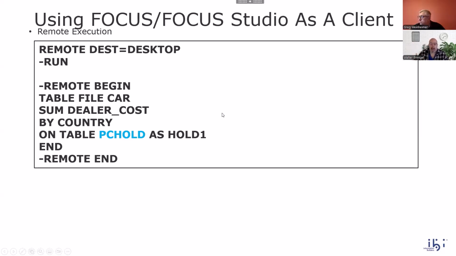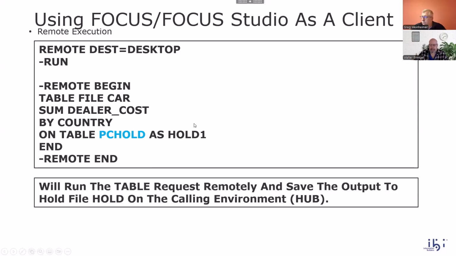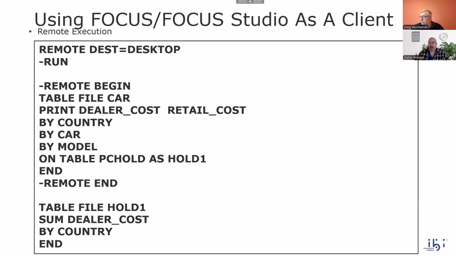Well, if you're doing remote processing, the PC hold will also take the data and transfer it to the receiving, the calling client. So if I do remote begin, table file car, print by country, by car, by model, on table PC hold is hold 1, and then I do table file hold 1, then I will see the answer set that came from the reporting server.